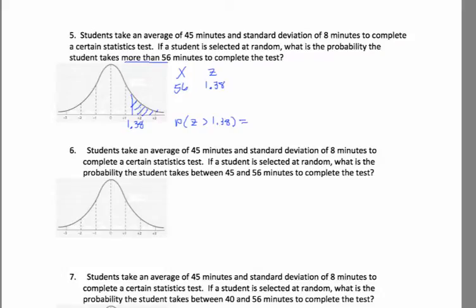From last problem, I already know that the probability that I was less than 1.38 was 0.9162. 91% chance, 92% chance I'm in this area. So to find the other side, I know that these two things add up to be 1. So I just take 1 minus 0.9162, and I get my answer, 0.0838.